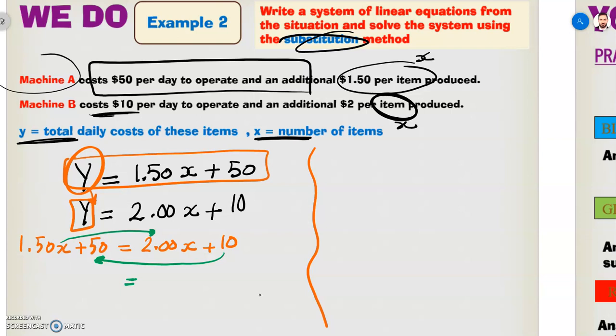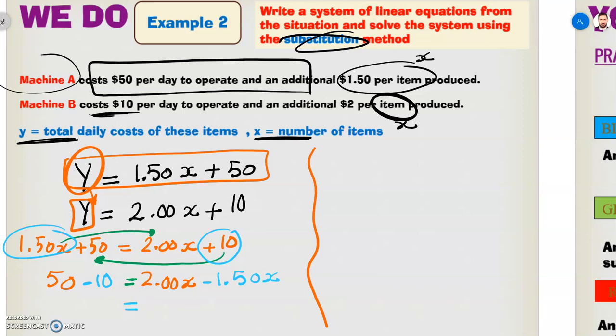So 2.00 X as it is, and the number 50 as it is, because I will not change 50, but I will change 10 from the right hand side to the left hand side. It will be negative 10. And also I will change 1.50 from the left to the right, so it will be negative 1.50x.